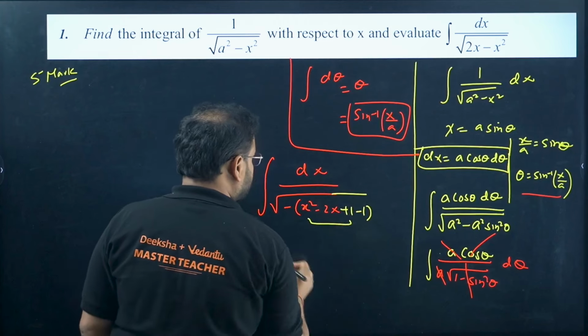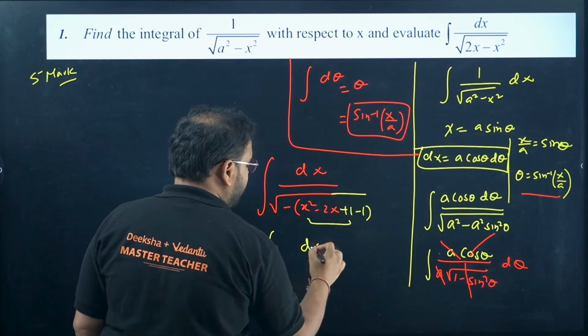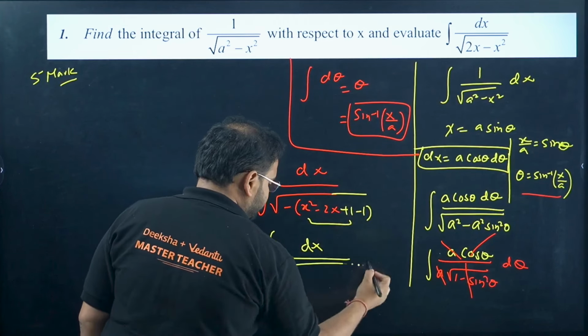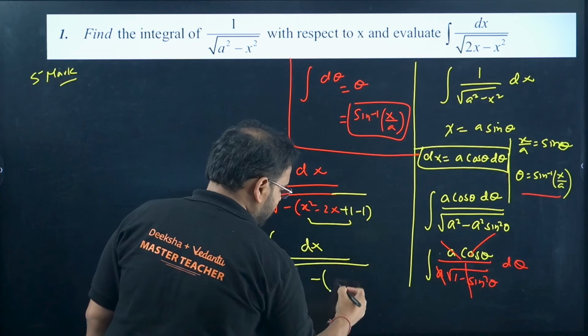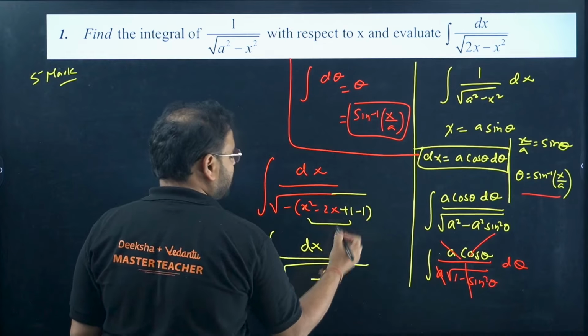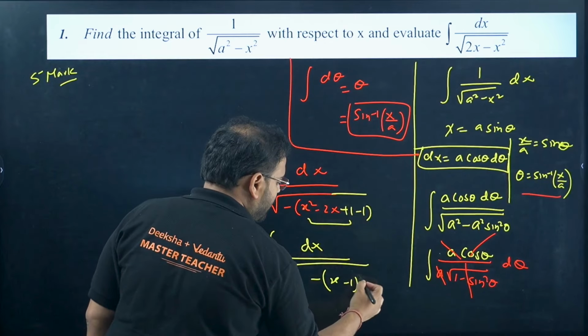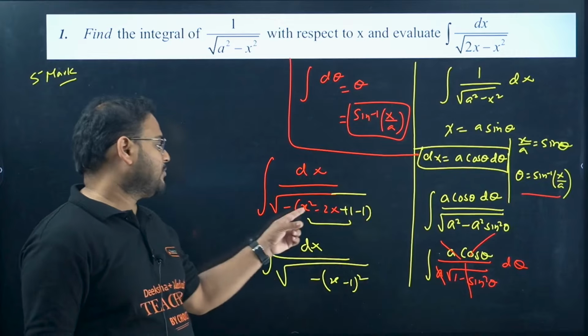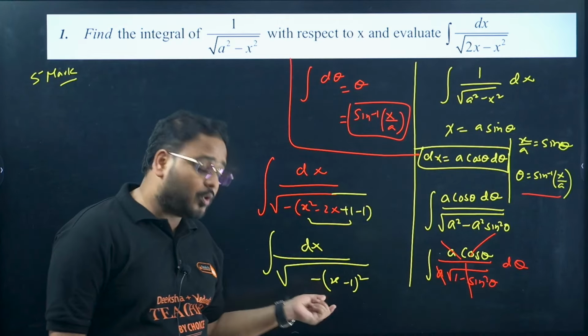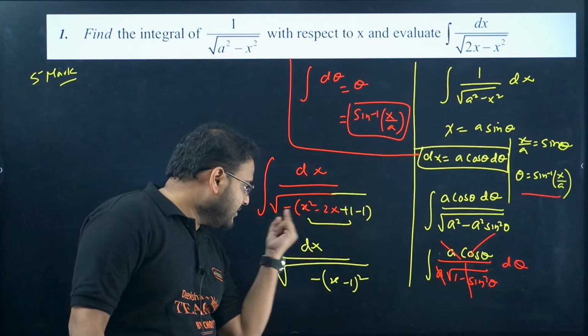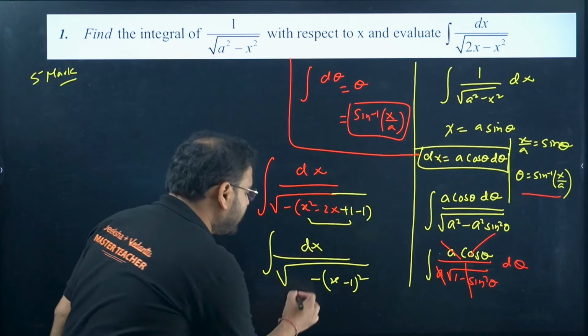Now the first three terms. So this will be what? Dx. Keep the root. Minus sign you start from here. It will become x minus 1 the whole square. Please check. X square minus 2x plus 1 will become x minus 1 the whole square, and this minus 1 with this outside minus will become plus 1.